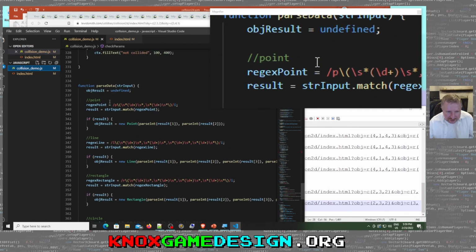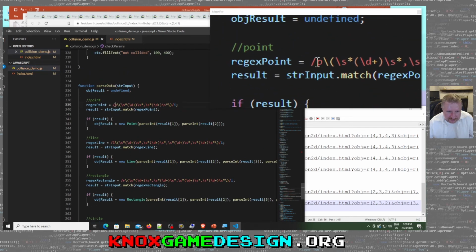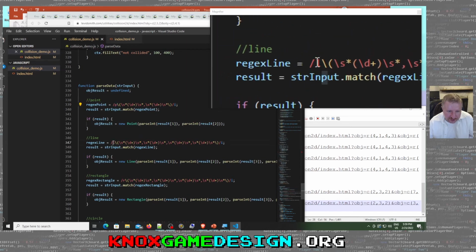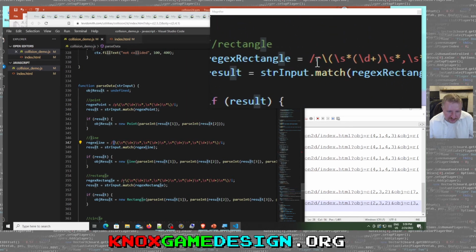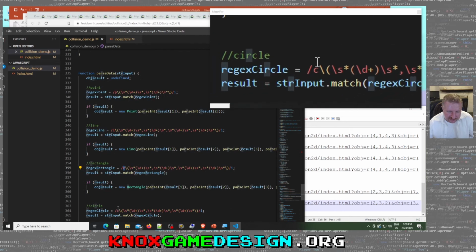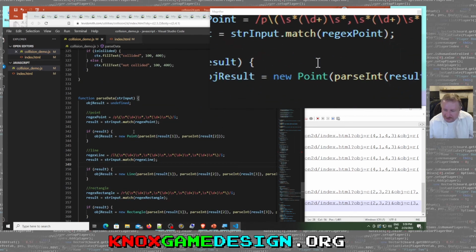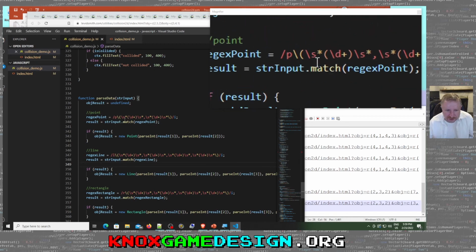Basically, the first letter is P for point, L for a line, R for a rectangle, and C for a circle. And then an open paren, and then the properties of each of those separated by commas.